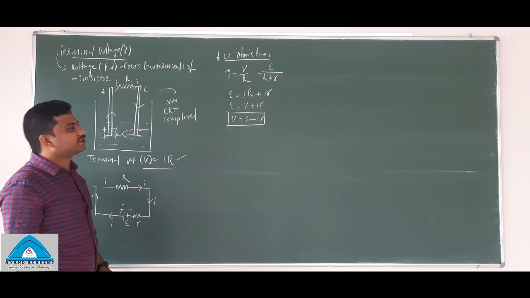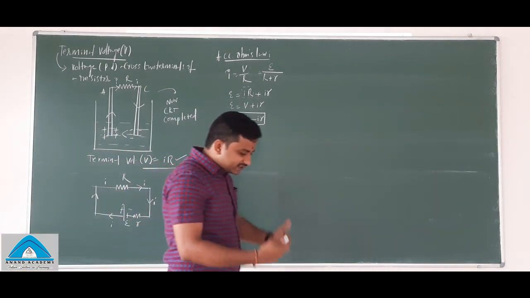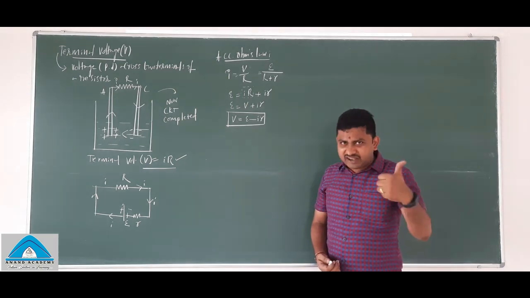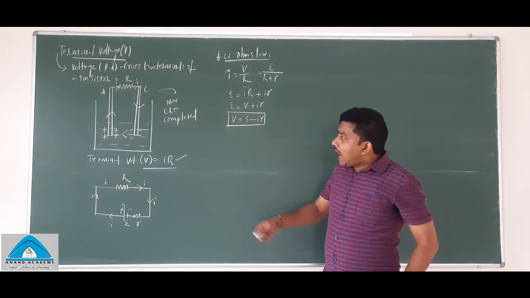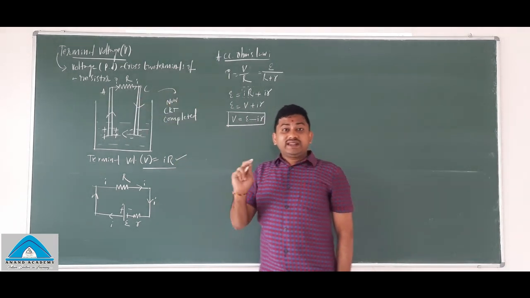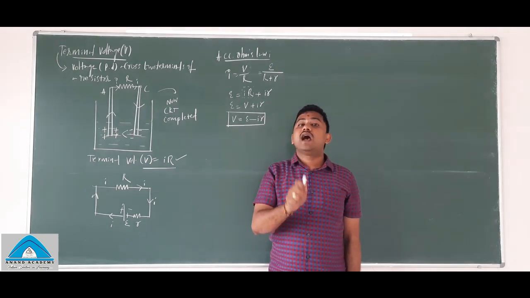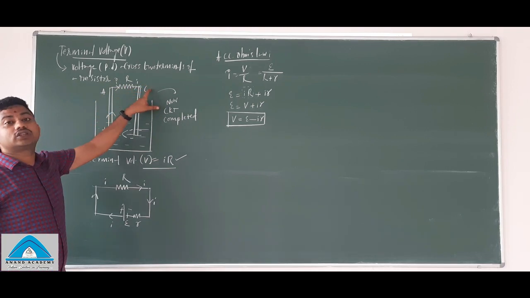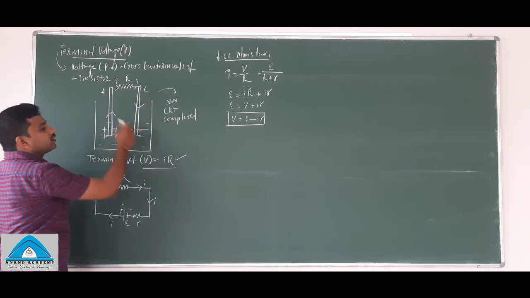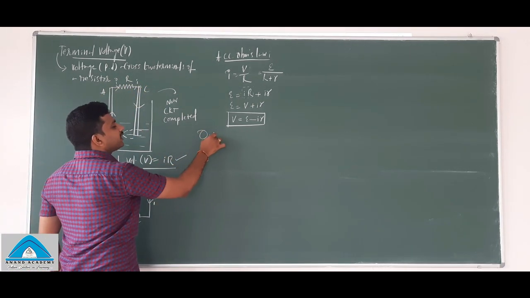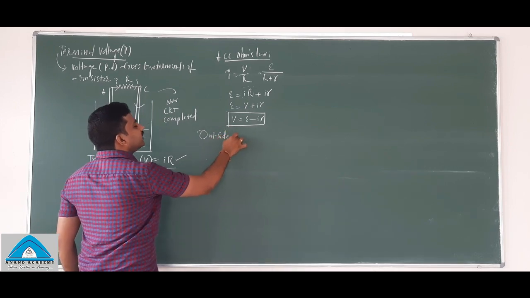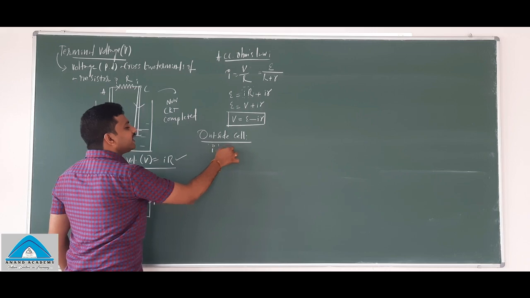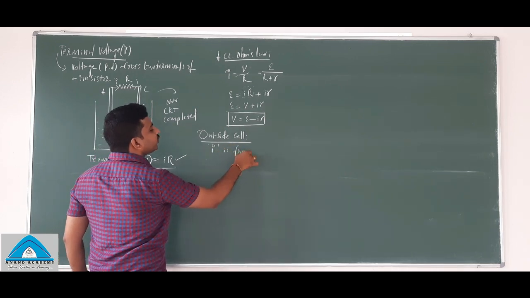So in this case, two important things we need to understand. The first one: outside the cell, when the external resistor is connected, how is the current flowing? Current is flowing from anode to cathode. Outside the cell, current I is from where to where?